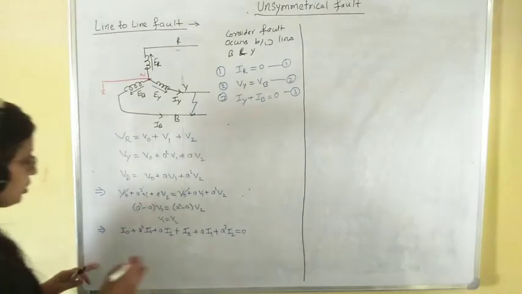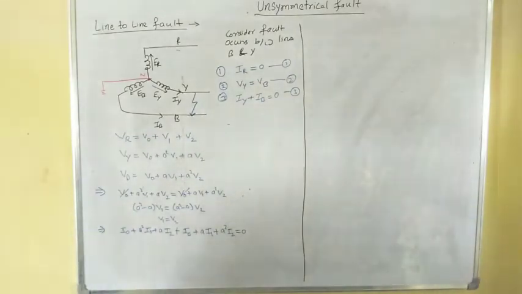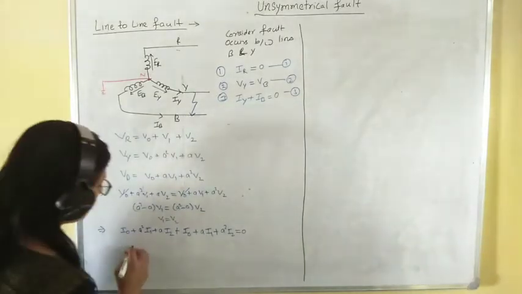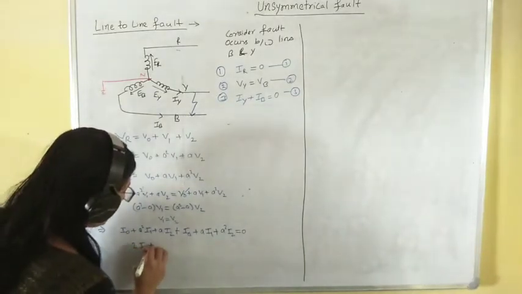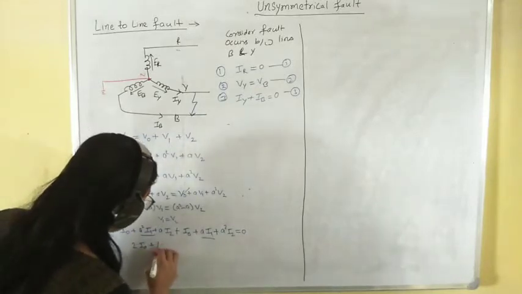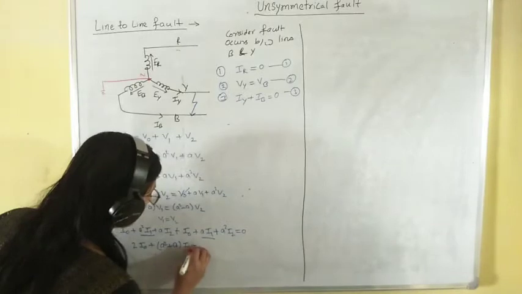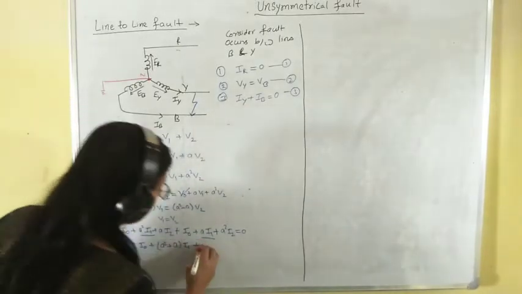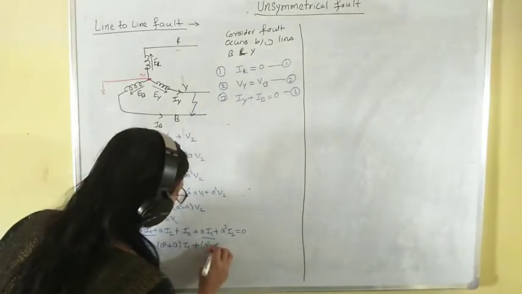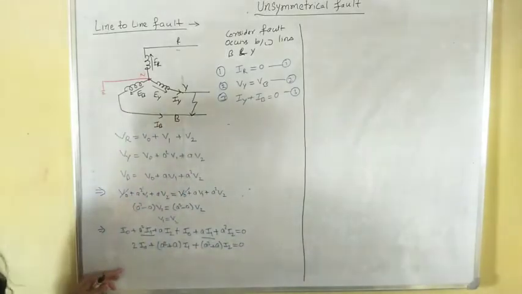So from here what you will get is 2 I naught plus (A square plus A) I1 plus (A square plus A) I2 equal to 0.